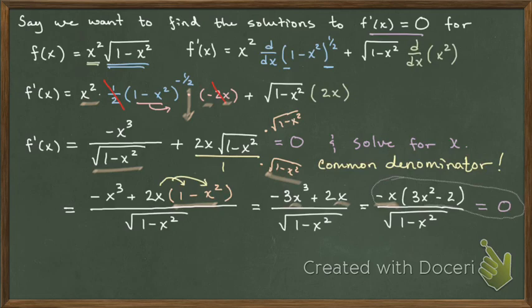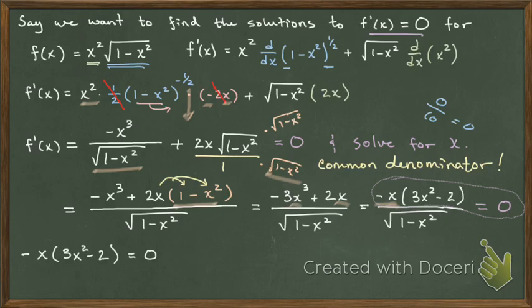And to do that, I've got a fraction equal to 0. A fraction is always 0 when the numerator is 0, right? Think like 0 over 10 is 0. A fraction is 0 when the numerator is 0. So I set minus x times 3x squared minus 2 equal to 0. And I've got a product then equal to 0. My calculus is done. All of this now is just algebra.